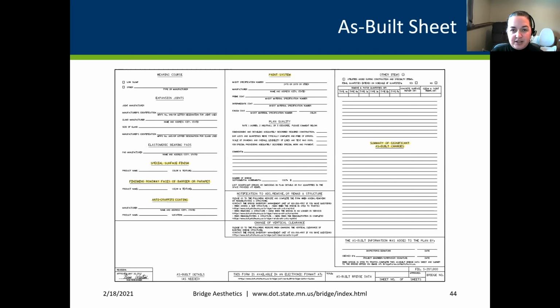By using as-built sheets, we can figure out: is it always that color? Is it a certain contractor? Is it a certain paint manufacturer? What is causing those problems? And we can figure all that out through our as-built sheets. So we highly recommend that the as-built sheets get turned in so that we can use them going forward.